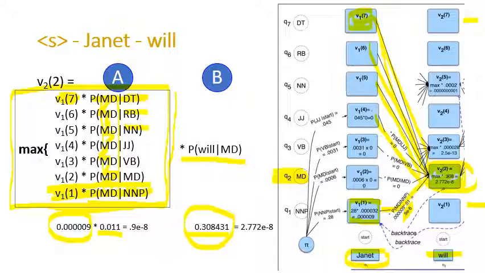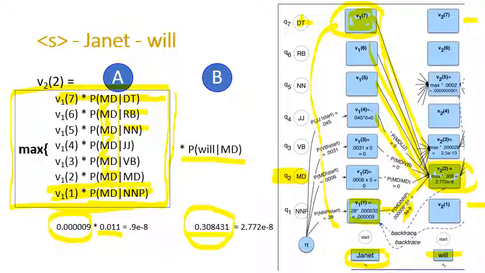So to calculate V22, you need to consider all the possible squares in the previous word. So you need to consider V17, V16 up to V11. From each square, you need to have a transition. So square 7 corresponds to the tag DT, determiner.